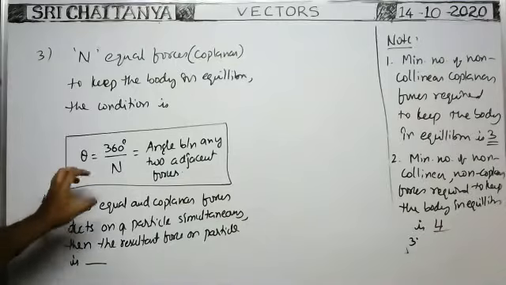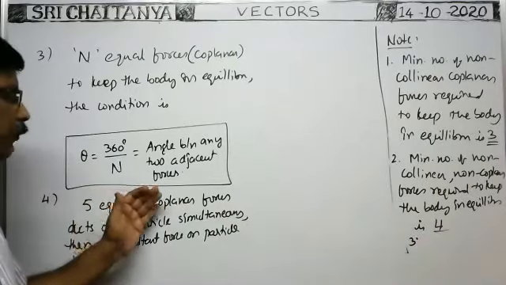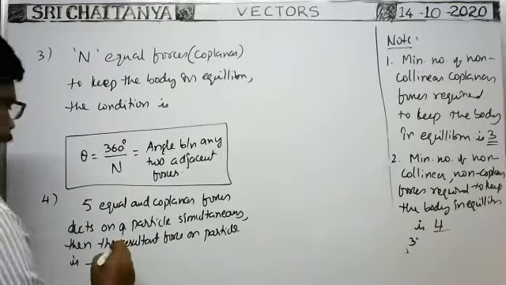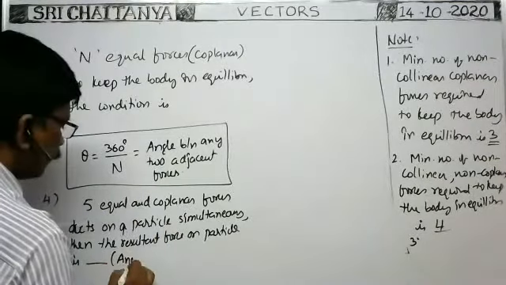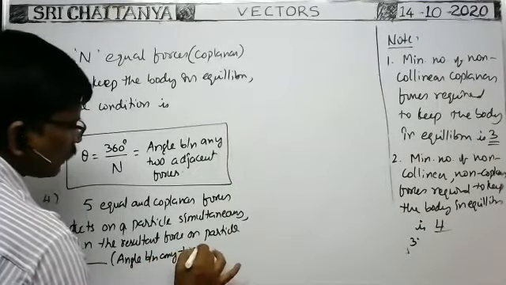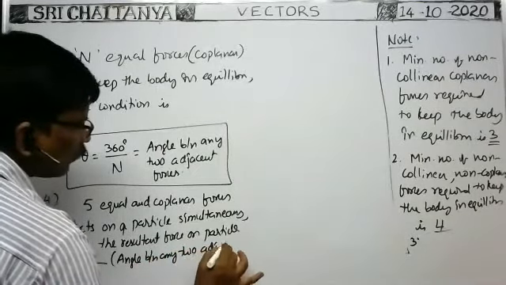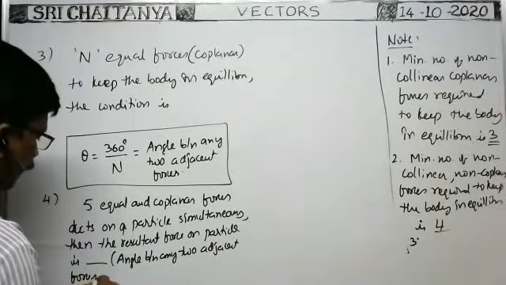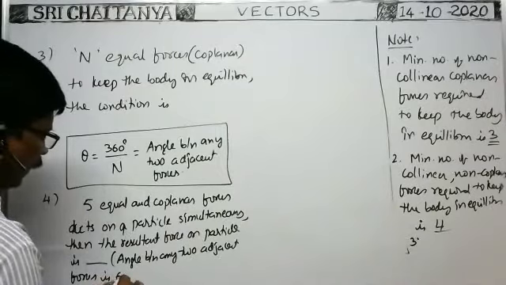Here, in brackets, the angle between any two adjacent forces is 60 degrees, given.